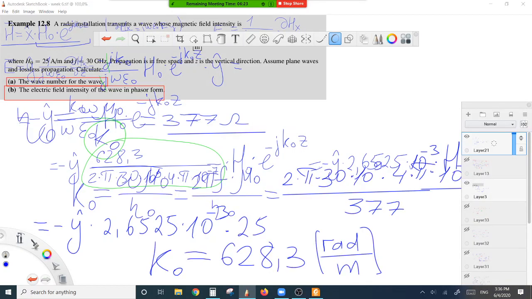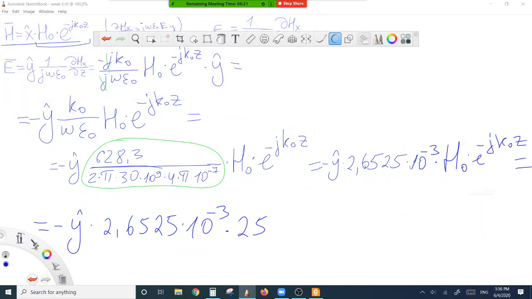Yes, 25 ampere per meter, multiplied by e to the power of minus j, k0 is 628.3 z.